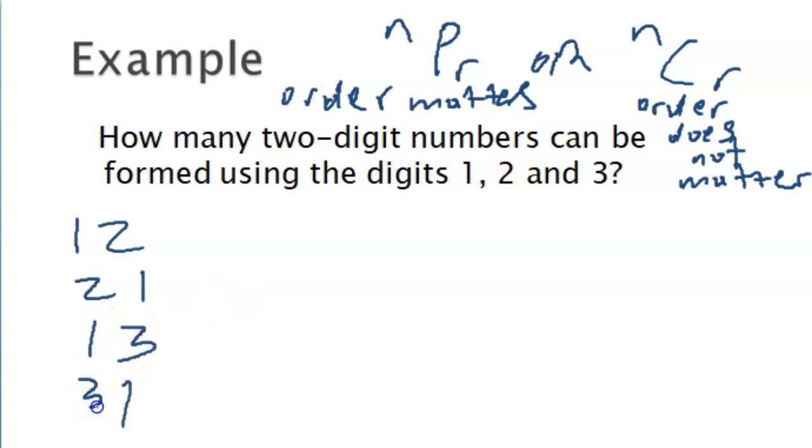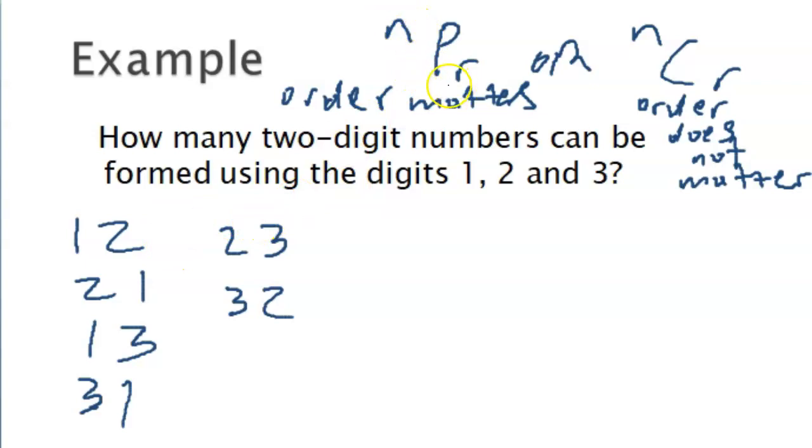So you see the order of the digits matters, because just the way you arrange them will give you a different number. Also, we could have 23 or 32. So if you think about it, by just listing out the options, there are 6 2-digit numbers we can arrive at using these digits 1, 2, and 3. So the answer is 6.